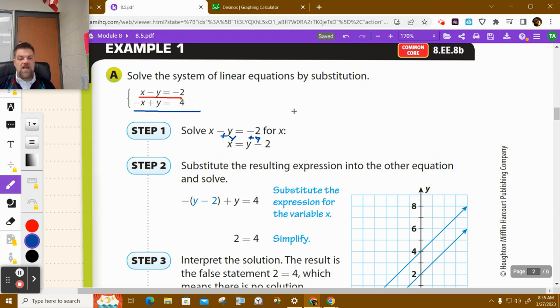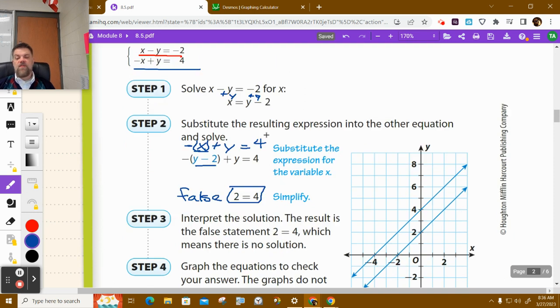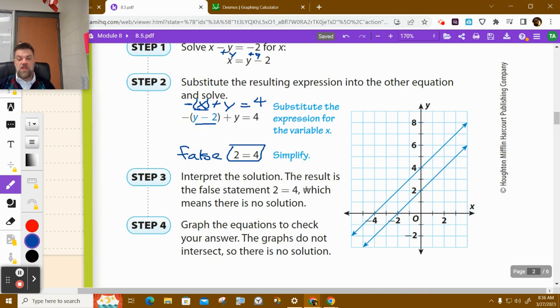And then they take the other equation, which was originally negative x plus y equals 4, and wherever there was an x, they substituted in y minus 2, solved, and they got 2 is equal to 4. Well, that's false. 2 will never equal 4. It can't. So whenever you get a false statement, that means there's no solution.